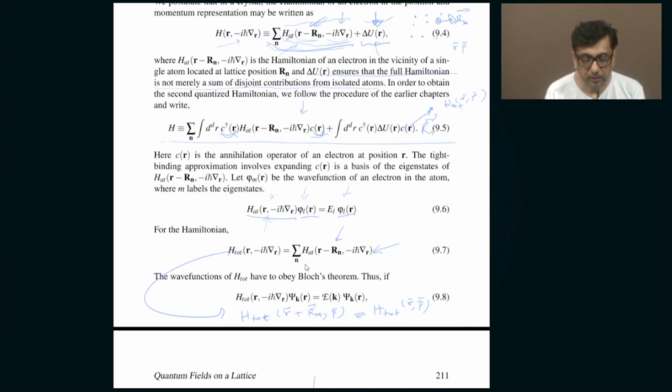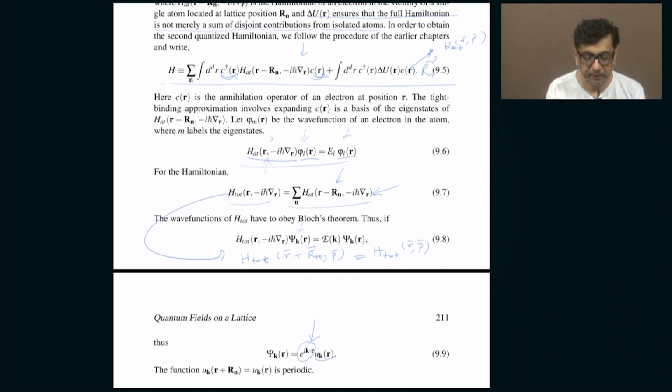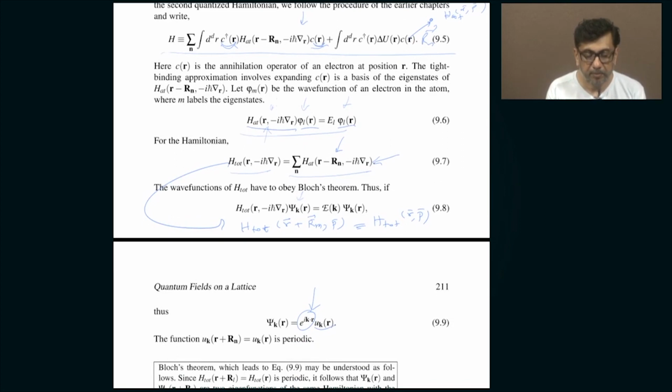Having written it down for one atom, you can then construct it for all the atoms put together, because then the Hamiltonian becomes spatially periodic, where the period is determined by the lattice vector R_n. That means it obeys Bloch's theorem.